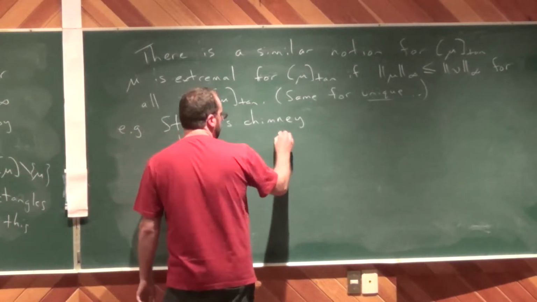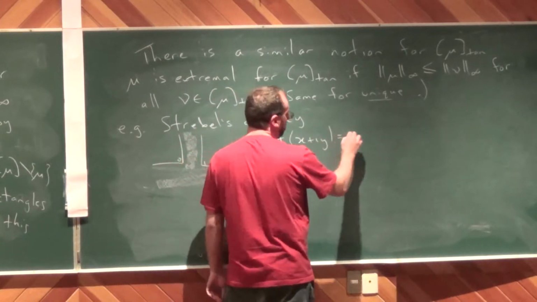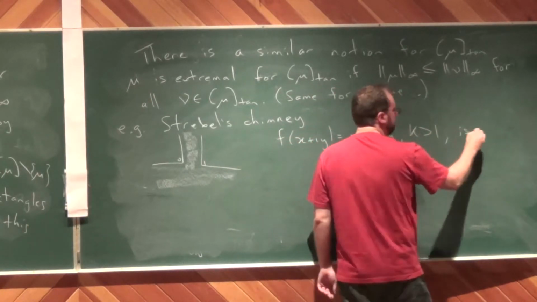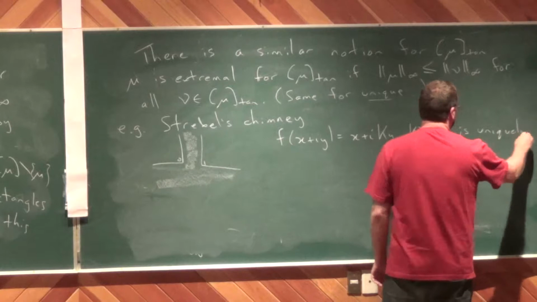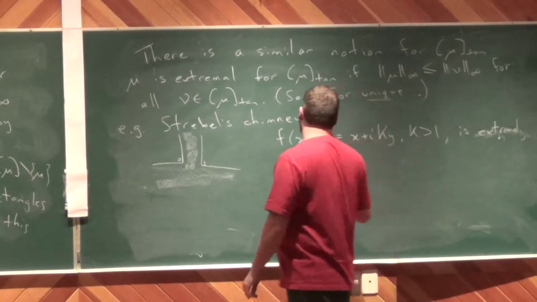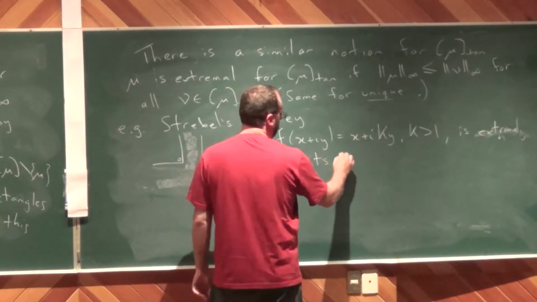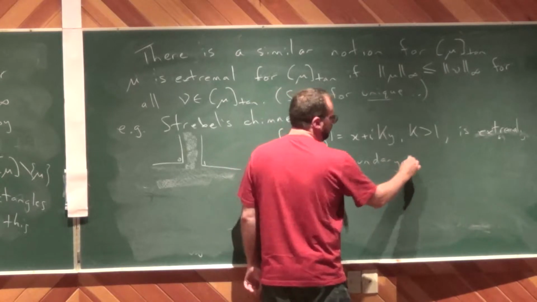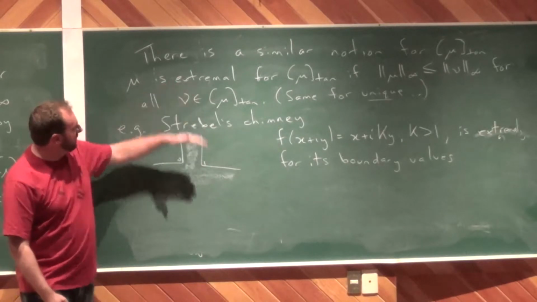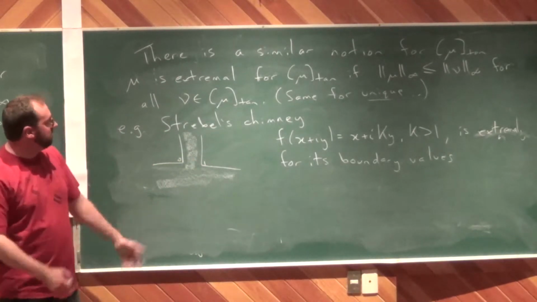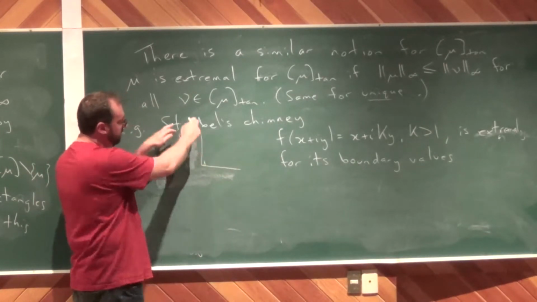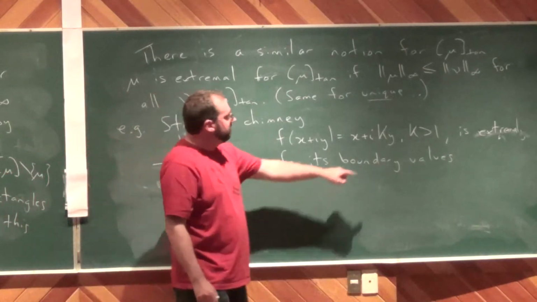And Strebel showed that f of x plus iy equals x plus iky for k bigger than 1 is extremal for its boundary values. So this just means you're stretching up in that direction and you're stretching down in that direction. And he showed that if you start with any other quasi-conformal map which agrees with f on the boundary of the chimney here, its distortion is going to be at least k.